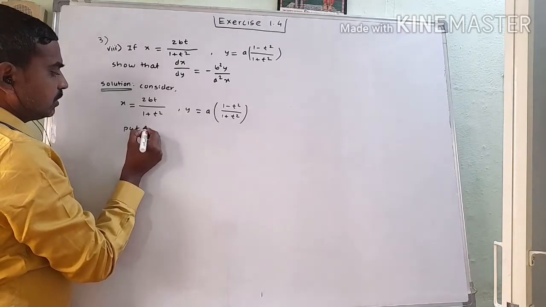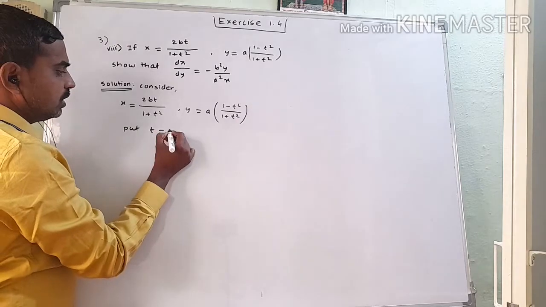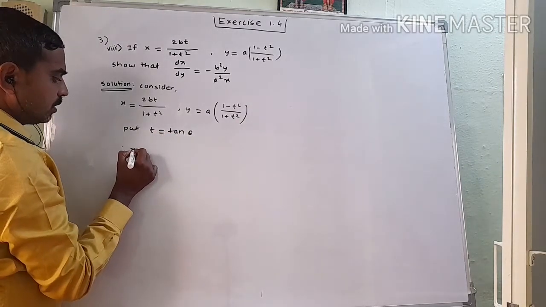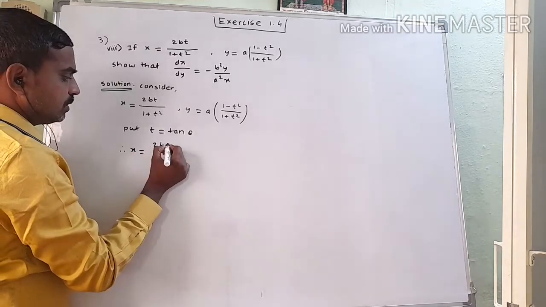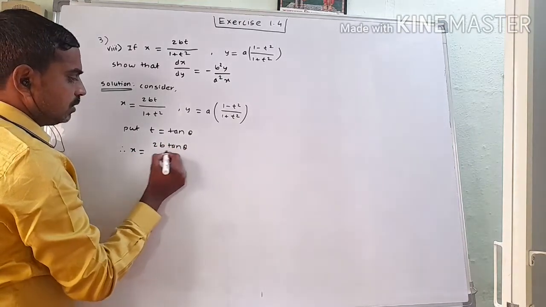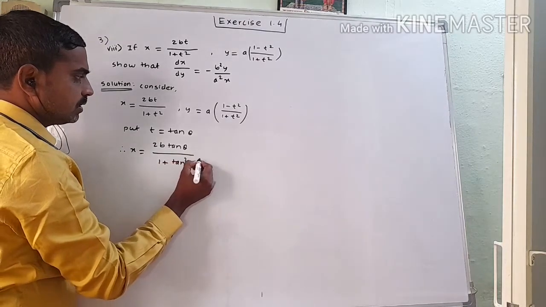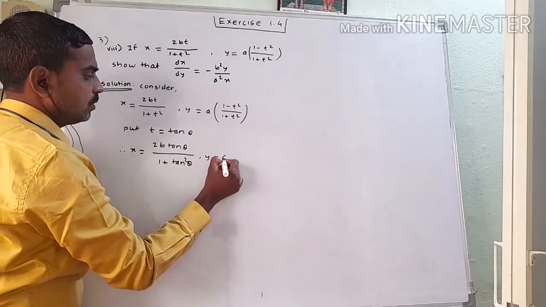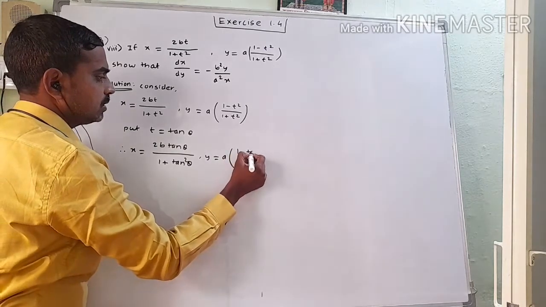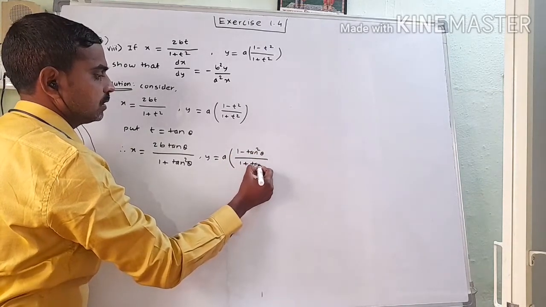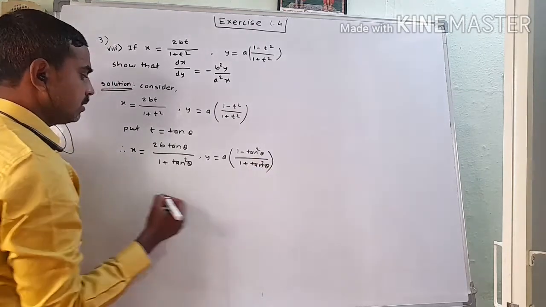Which trigonometric function do we substitute here? We put t equal to tan theta. Therefore x equal to 2b into tan theta divided by 1 plus tan square theta, y equal to a into bracket 1 minus tan square theta divided by 1 plus tan square theta.